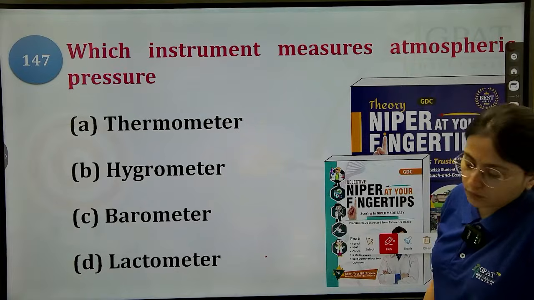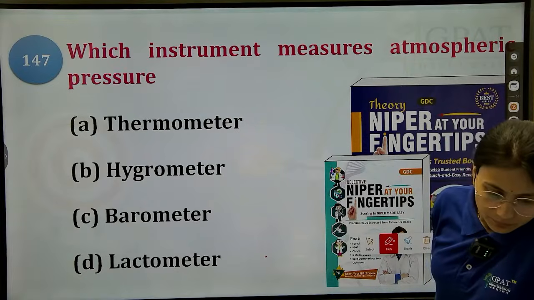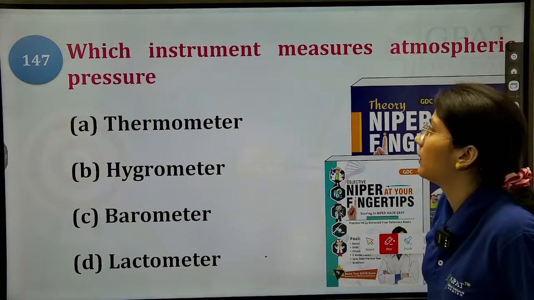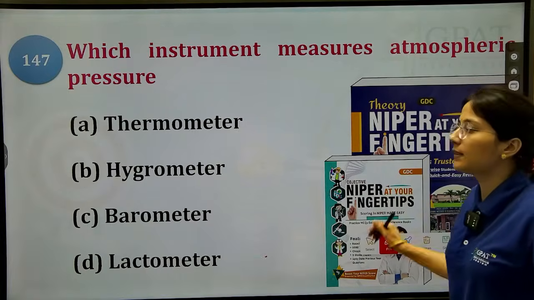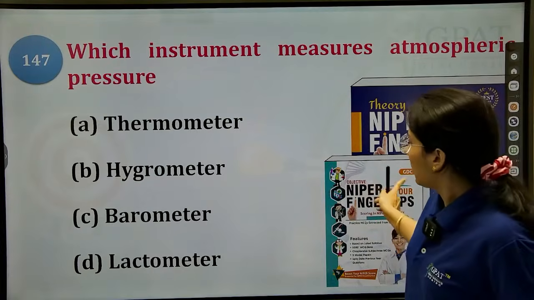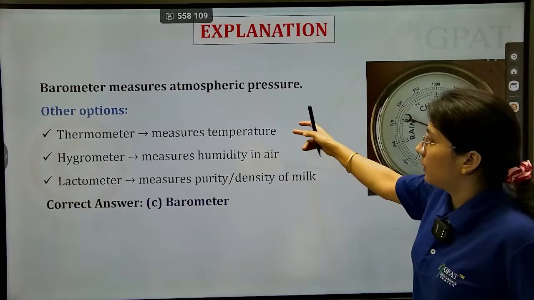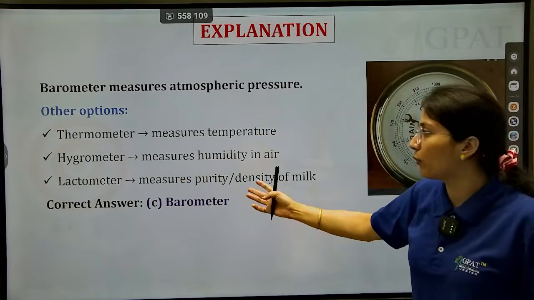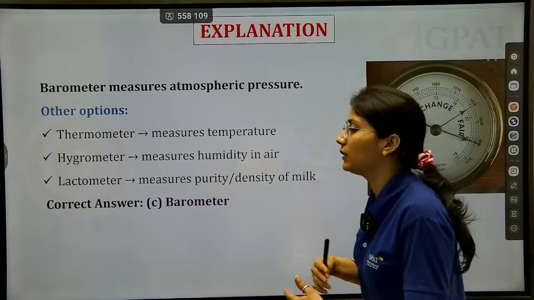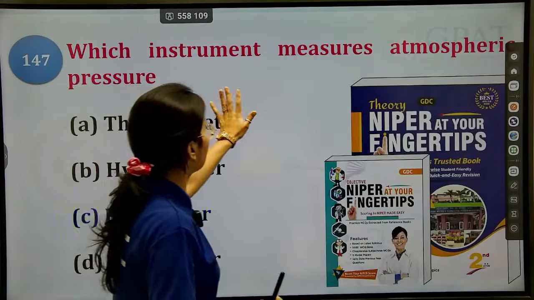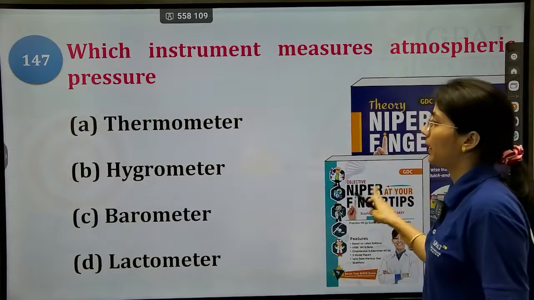So the answer is barometer. Thermometer measures temperature, hygrometer measures the humidity of air, lactometer measures the purity or density of milk. So barometer measures atmospheric pressure.